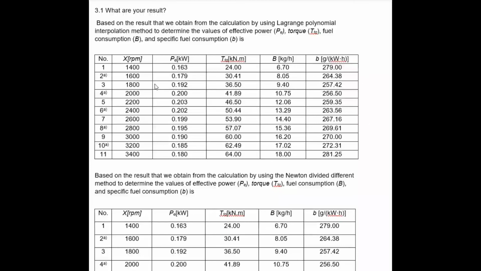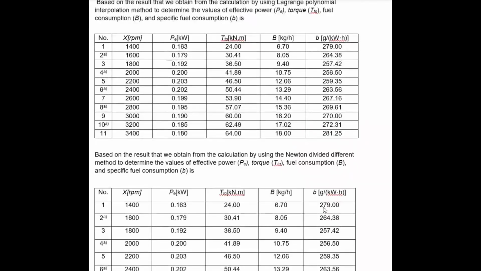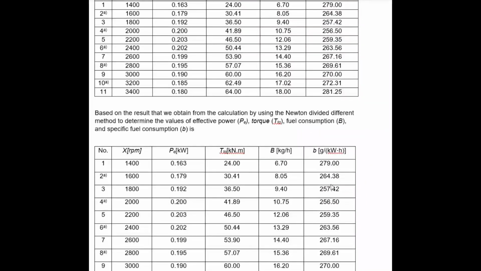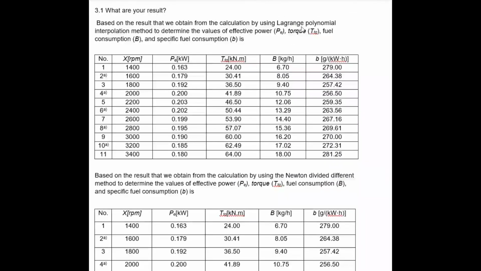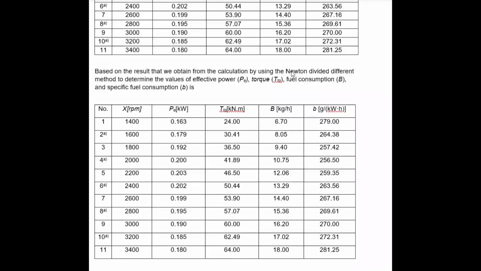And for the Newton divided difference method, you can see that the result is the same as the Lagrange polynomial interpolation, because the Newton divided difference is an alternative method to the Lagrange polynomial interpolation. So the result we get will be the same.